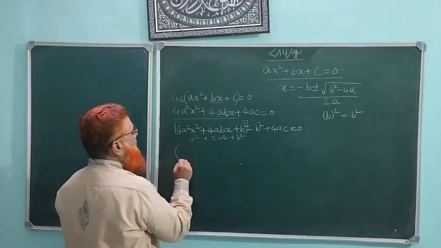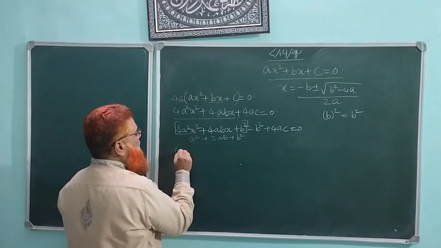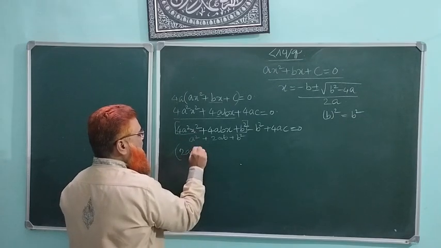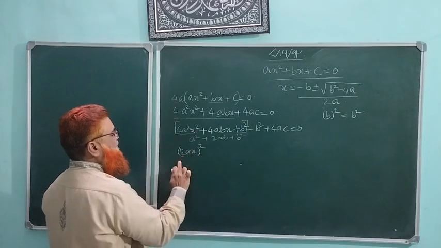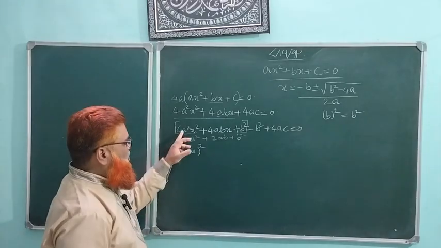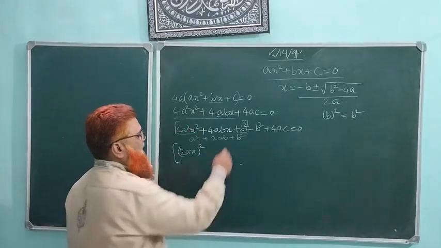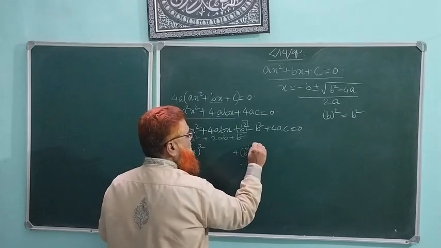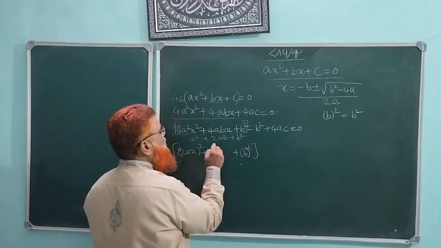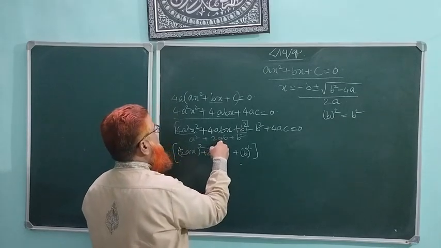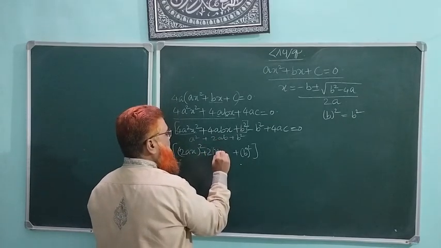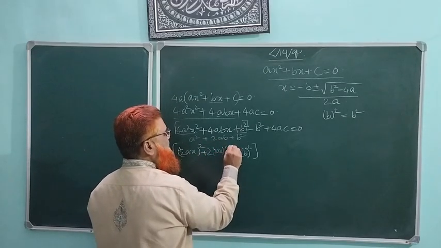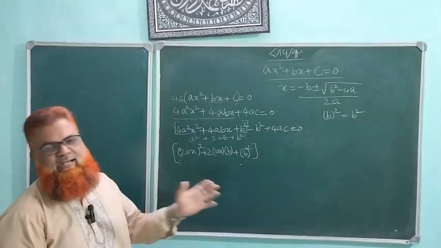Here a square is 2ax whole square, and the last one, b square, is b whole square, plus 2 times the first and second terms, where a is 2ax and b is b.